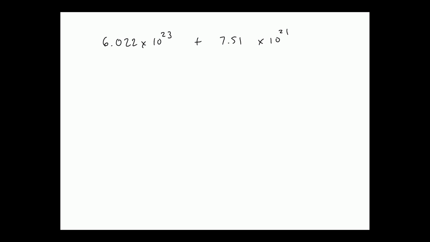They don't as of right now, okay, which means what I need to do is change one of their exponents. So that gives us two choices here, right? Which exponent do I want to change? The 23 down to a 21 or the 21 up to a 23? Okay, so why would you choose to do the 23 down to a 21?